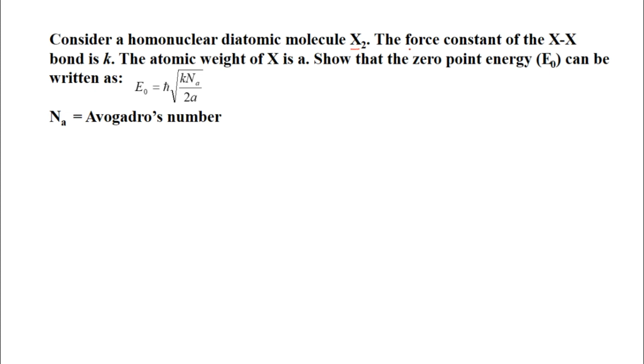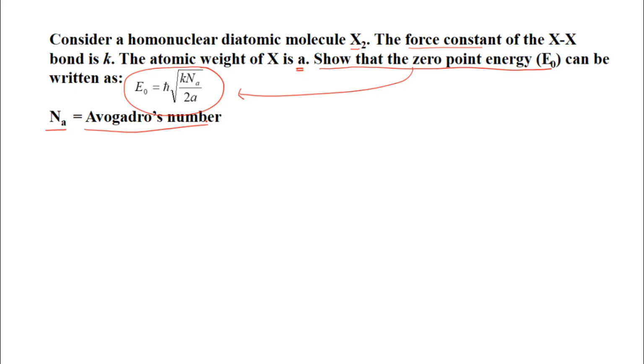The force constant of the X 2 or the XX bond is K. The atomic weight of X is given as A. So, what we have to do is to show that the 0 point energy E 0 can be written as this expression that has been given, and in this expression N A is the Avogadro's number.